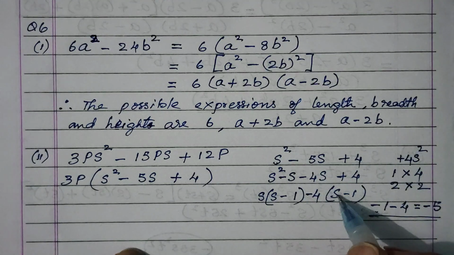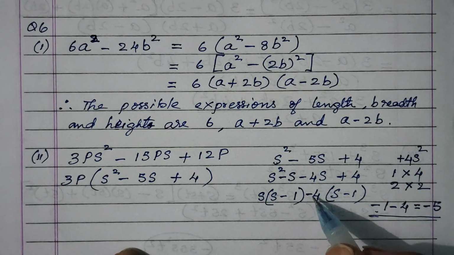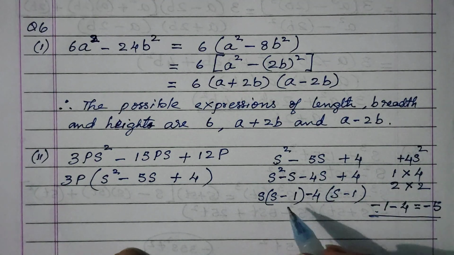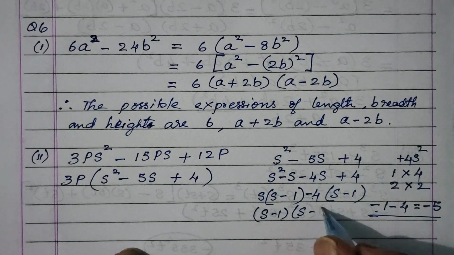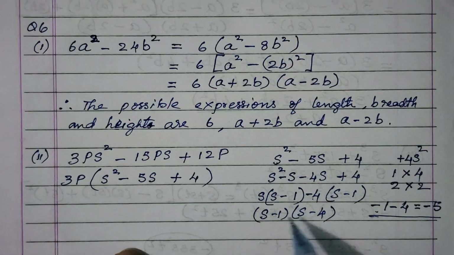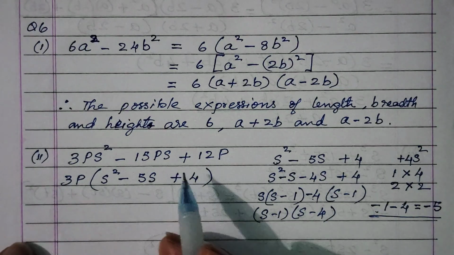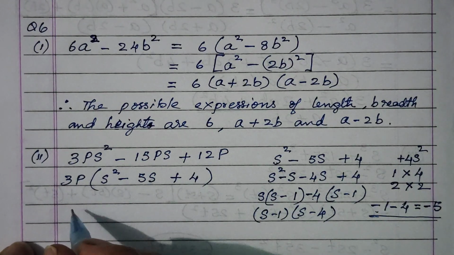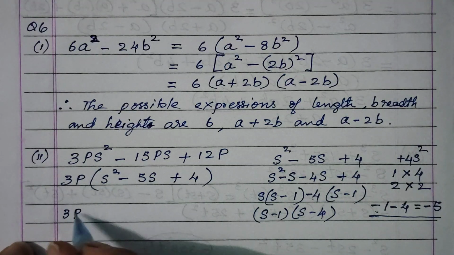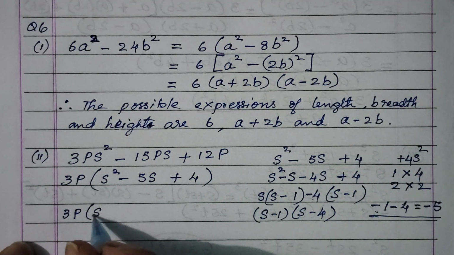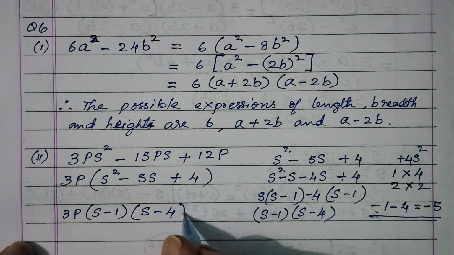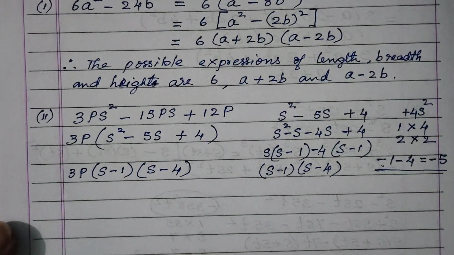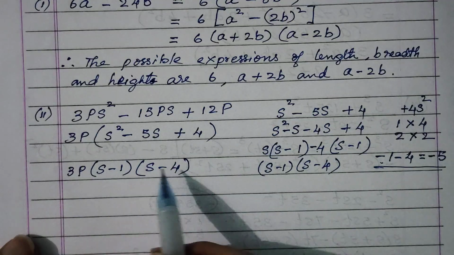So minus 4 into s is minus 4s. Minus 4 into minus 1 is plus 4. So again common factor is s minus 1. s minus 1 into s minus 4. So we got the factors here. So I can write this as 3p into s minus 1 into s minus 4. So we got 3 factors here.